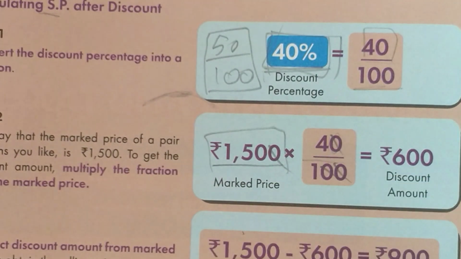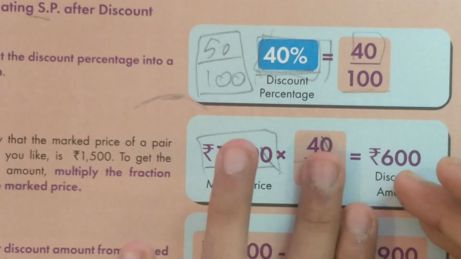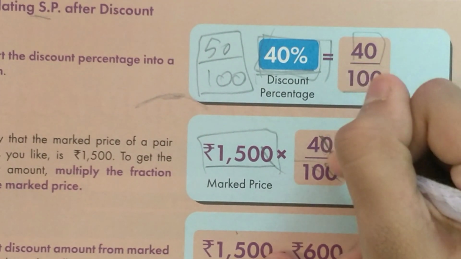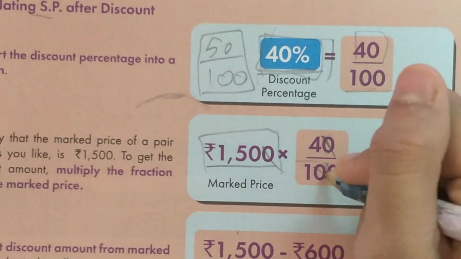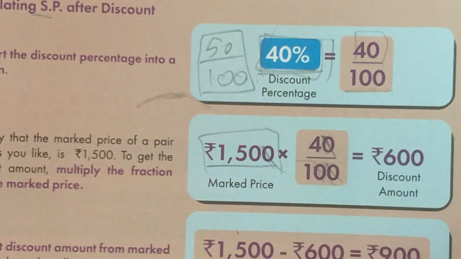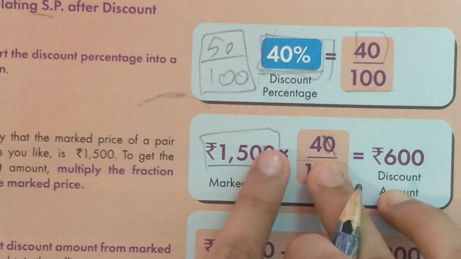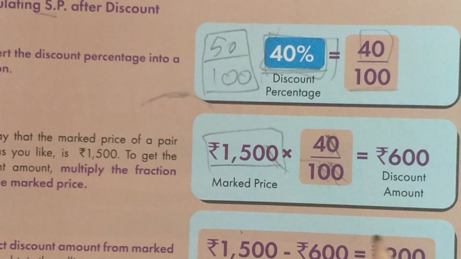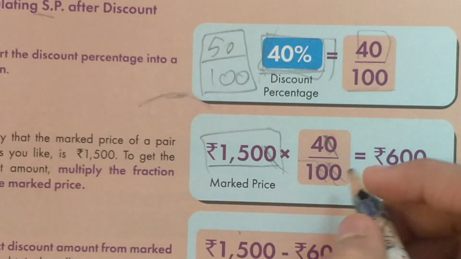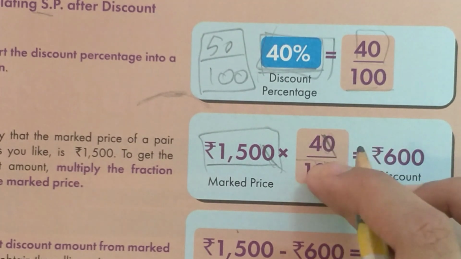You always use it in the pair of 100. So you strike out this 0, this 0, this 0, and this 0. There should always be pairs of zeros when you're striking them out, without dividing and multiplying. This is a very easy way to do it.